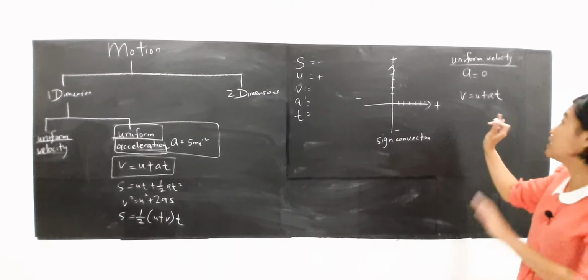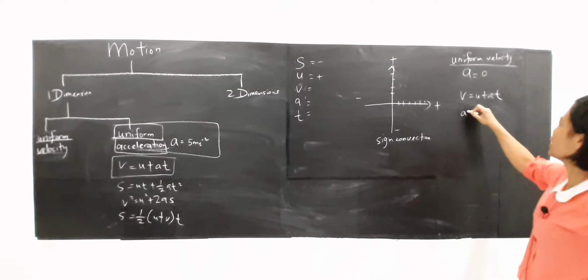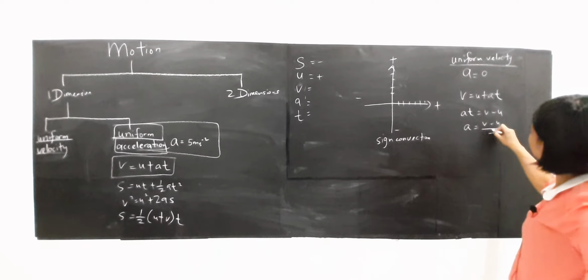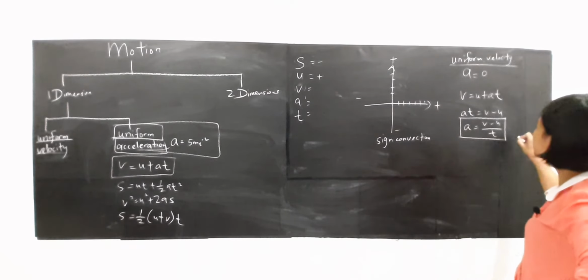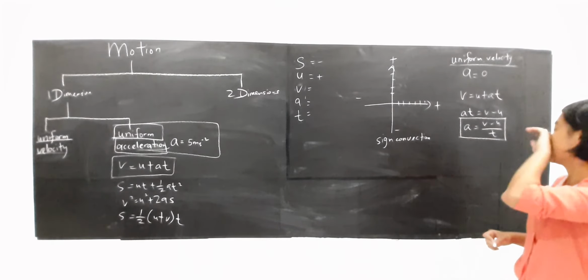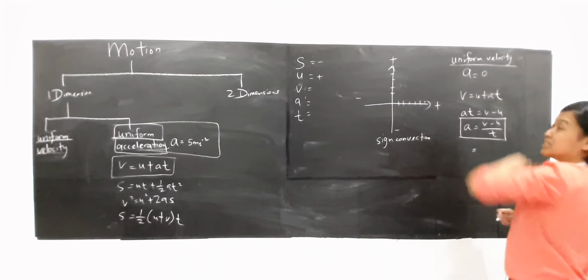If I manipulate or rearrange this equation, I get this. If I want a, you will get something you are much more familiar with in SPM. What is meant by uniform velocity?